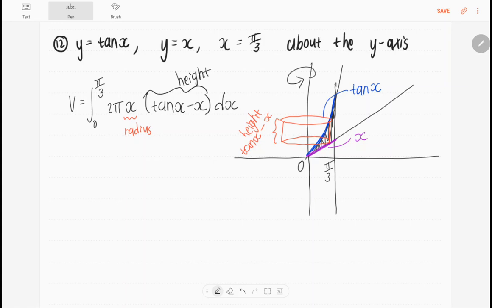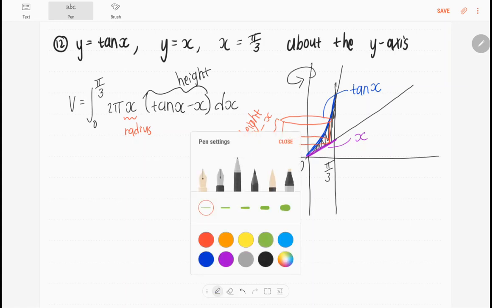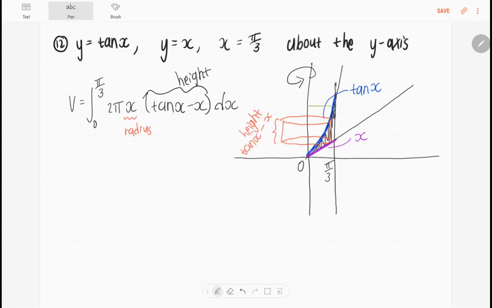If you wanted to do it in terms of washers, as I said, you could also do that. In that case you would have a washer which would look something like this. Let's try and draw it in here. Not like that. Like that. And then you'll have an inner radius. You would be integrating in terms of y, so you would need to know what that y value is there.